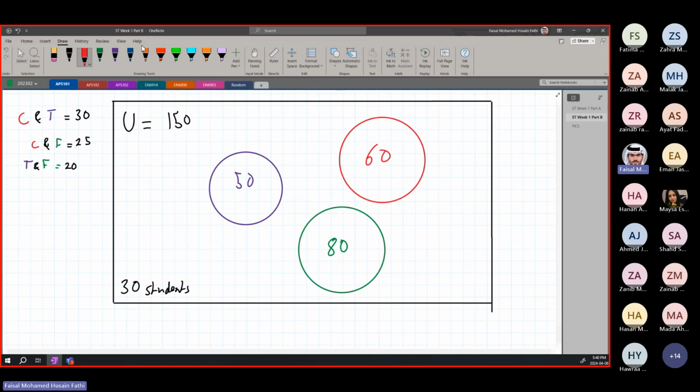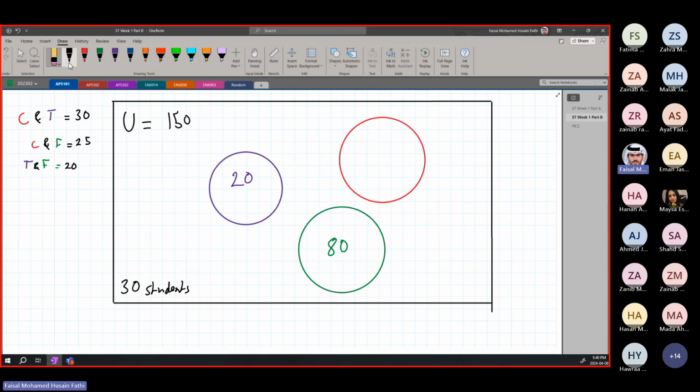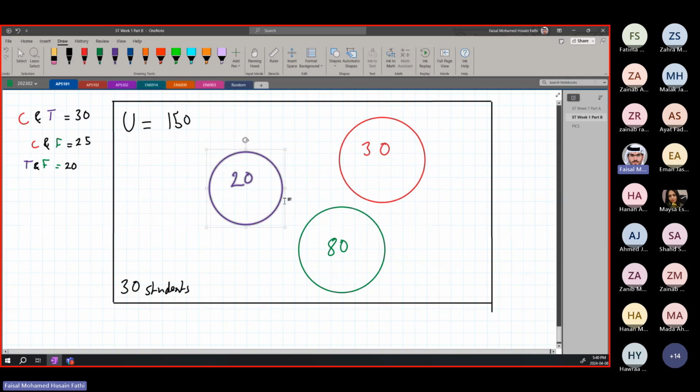So we know that C and T have an overlap of 30. C and T is the red and the purple. So we're going to remove 30 from here, leaving us 20. And we're going to remove 30 from here. We're going to be left with 30. All right? And we're going to have them overlapping.